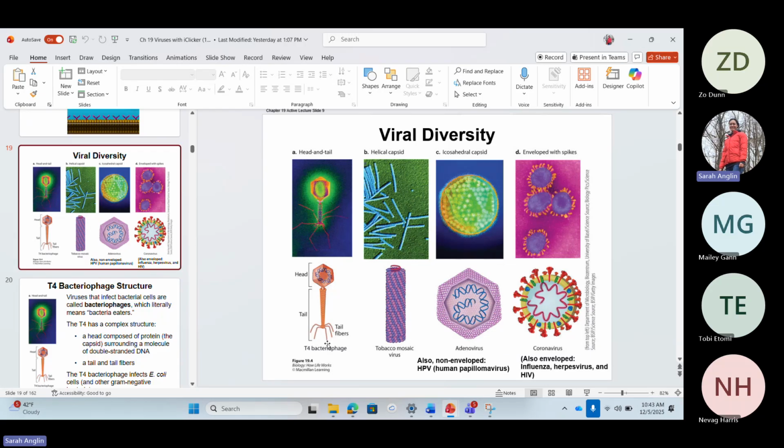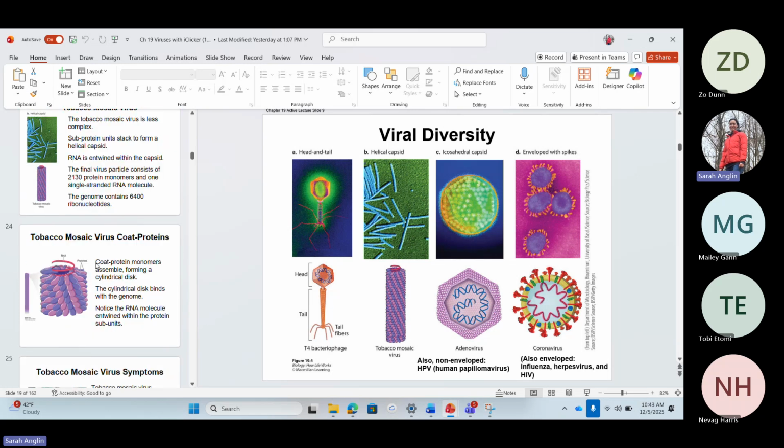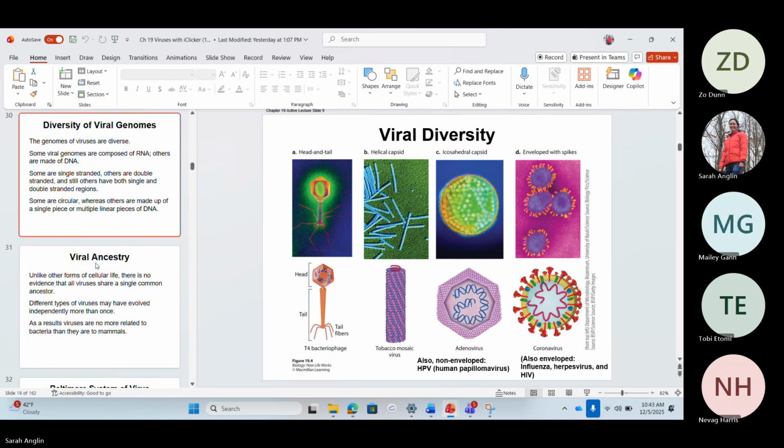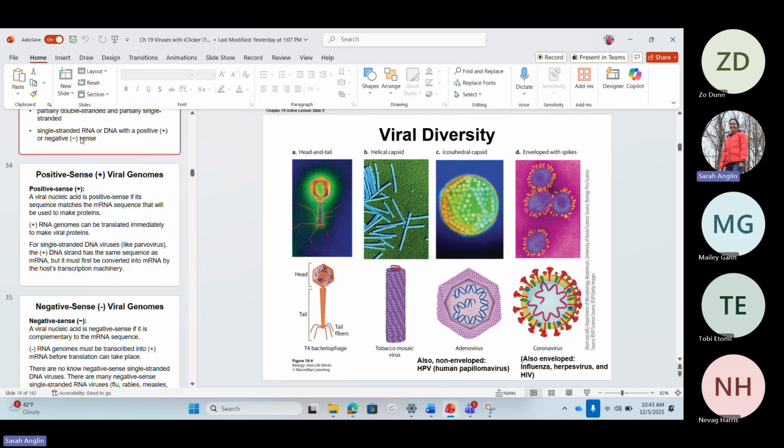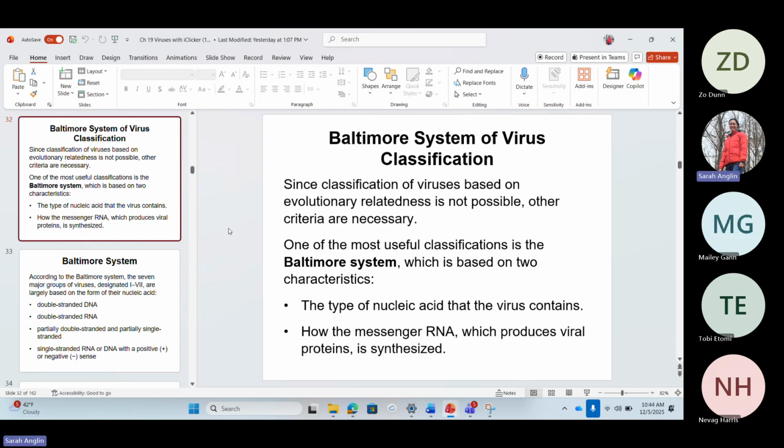All right. Next thing we have: review the characteristics that the Baltimore system of virus classification uses. One of the most useful classifications is the Baltimore system, which is based on two characteristics.